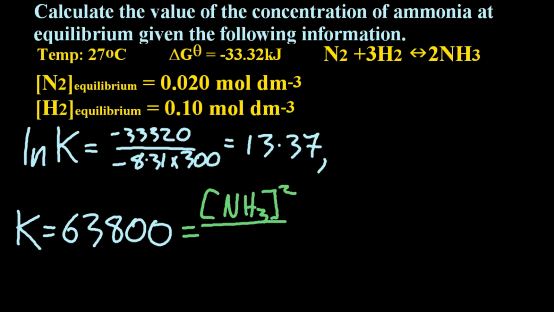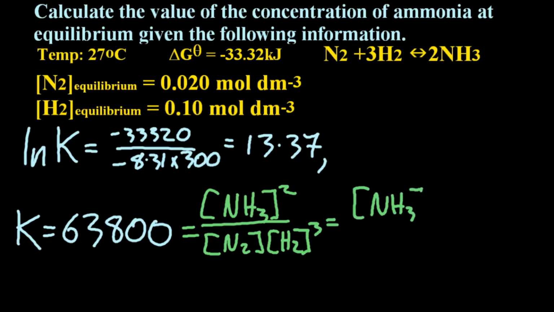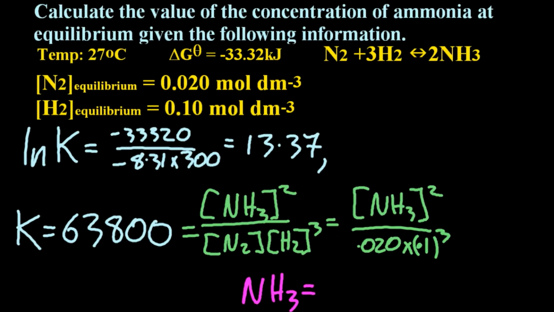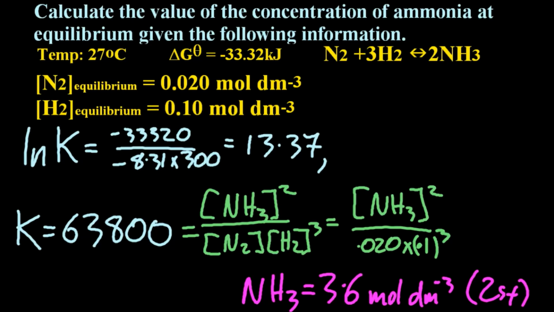Alright then, so K is 63,800, and I'm going to write out the equation for the equilibrium constant, put in the 2 numbers that I have, and solve for the third number, which is the concentration of ammonia. So the concentration of ammonia ends up being 3.6 moles per decimeter cubed. And that makes sense to me. Kc is bigger than 1, so there's probably going to be more ammonia than there is the other chemicals.